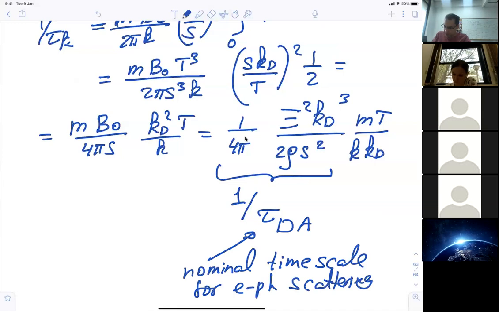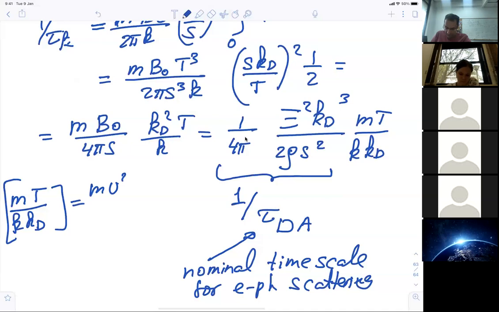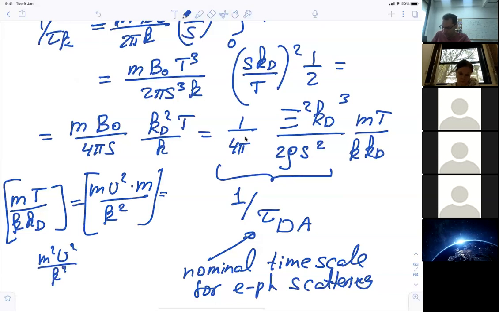Now, the remaining guy, m times T divided by k dB, has dimensions of m v squared times m over k squared. So this has the dimensions of m squared v squared over k squared, and this is just 1. So therefore this guy is dimensionless, as it should be.